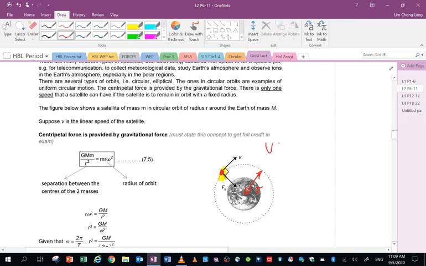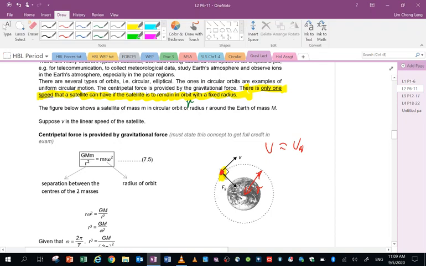This v is the v naught that I talked about. There is a unique velocity for a certain value of r. So I will highlight this: there is only one speed that the satellite can have if the satellite is to remain in the orbit of radius r.